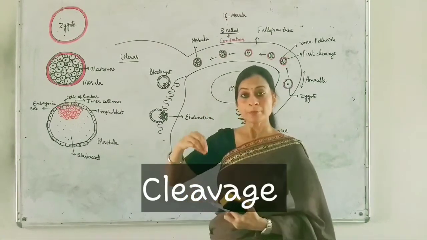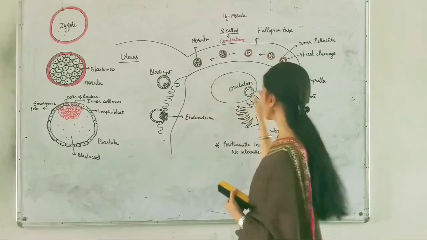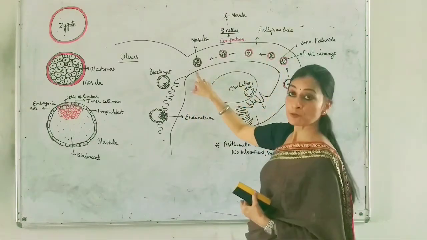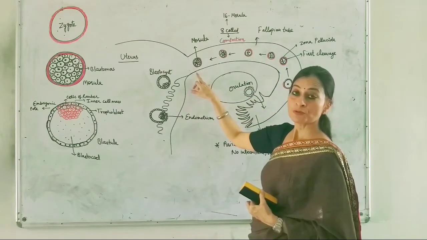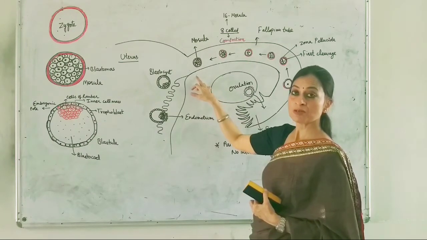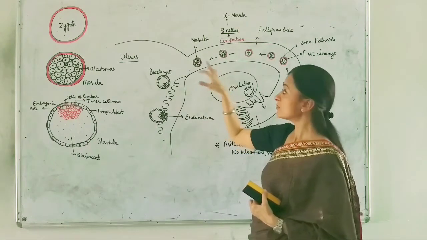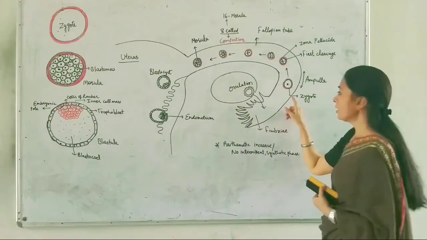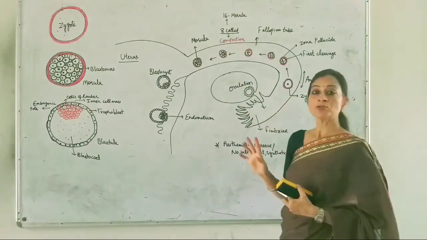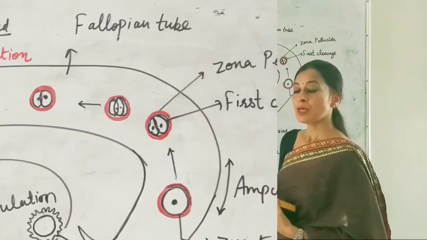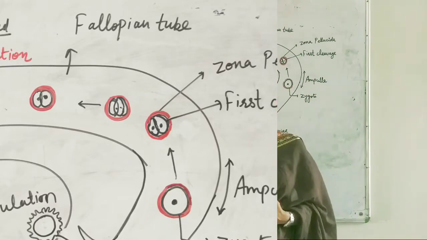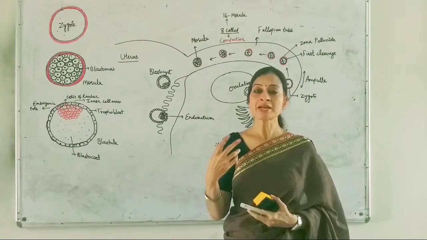So the structures which are going to form up to here are because of cleavage divisions, where the number of cells is adding in this structure. The specialty about the cleavage divisions is that there is no intermittent stage or synthetic stage.